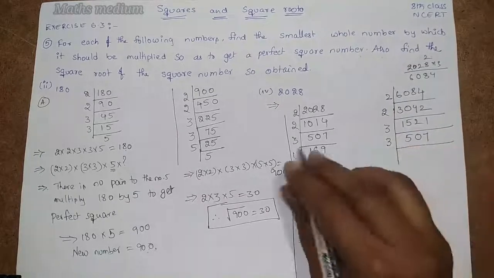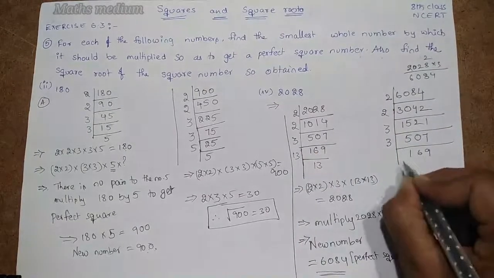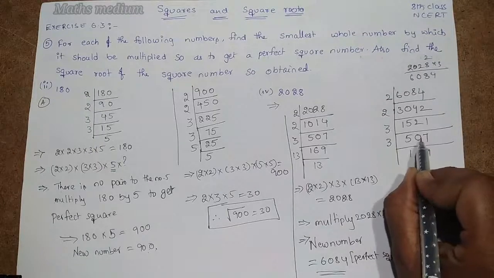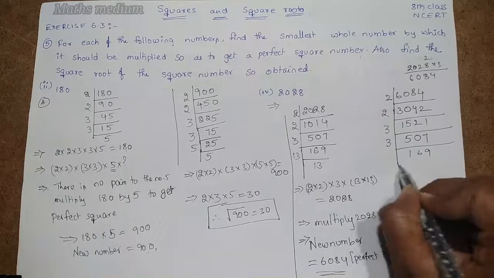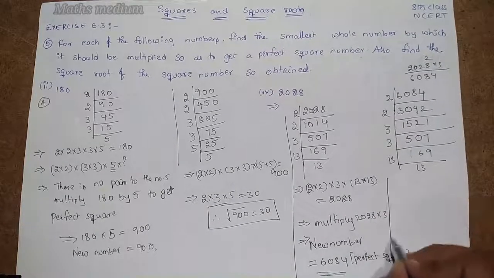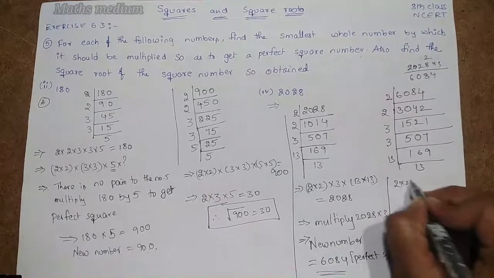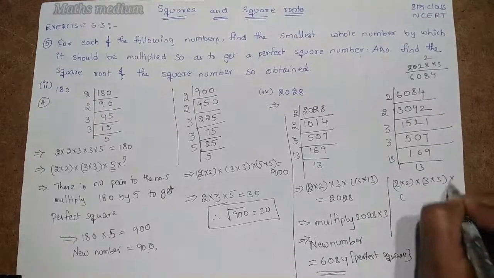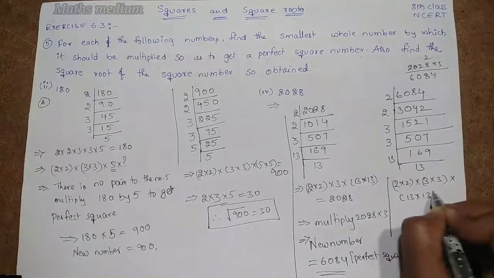Again by 3 we get 169: 3 ones are 3, 3 sixes are 18, 3 nines are 27. Then 13 thirteens. So the prime factorization is 2 into 2 into 3 into 3 into 13 into 13.